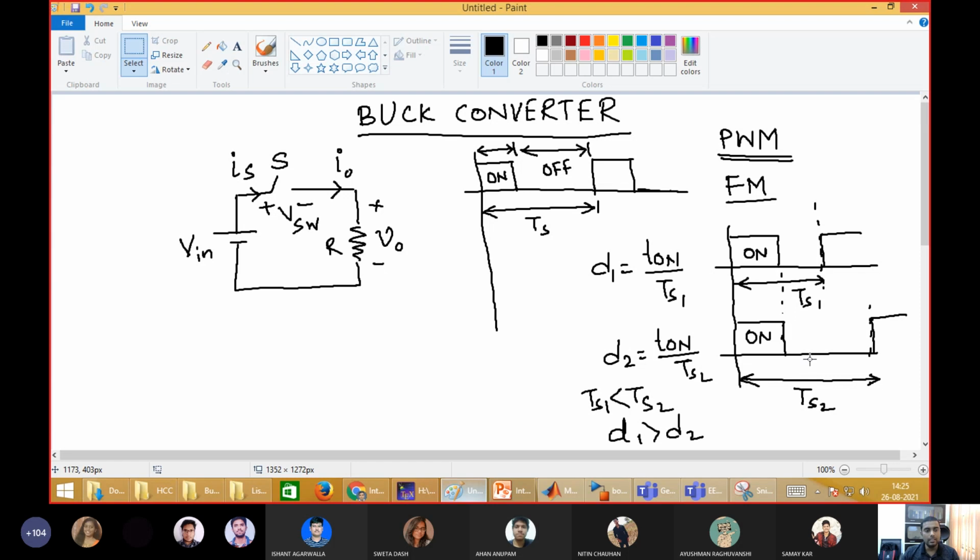We use filter circuits at the output or input of the converter. We design that filter circuit for a particular frequency. Now the frequency is changing, so that filter will not work properly. That is the first reason.